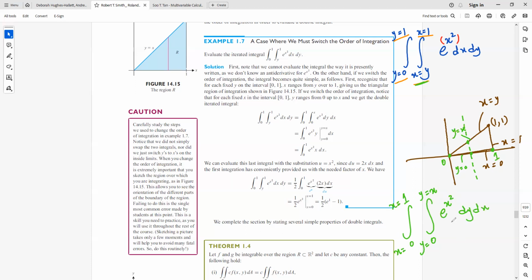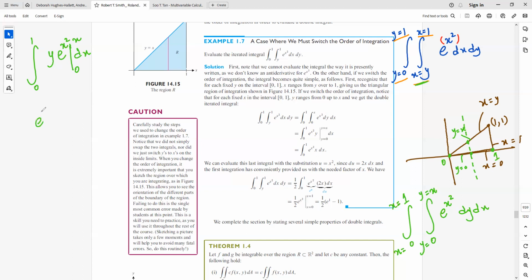Now if I integrate this function with respect to y first, I'm going to get y e to the power x squared dx, over the limits of y from 0 to x, and the integral 0 to 1 will remain, right?